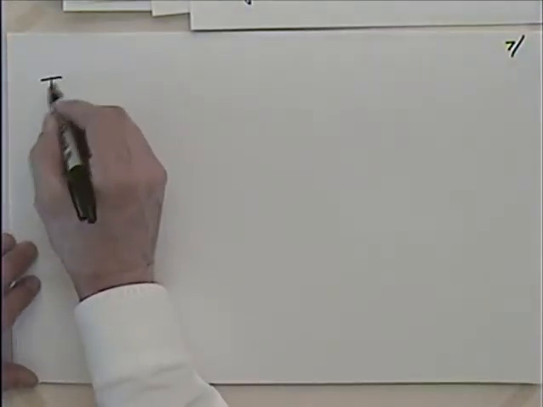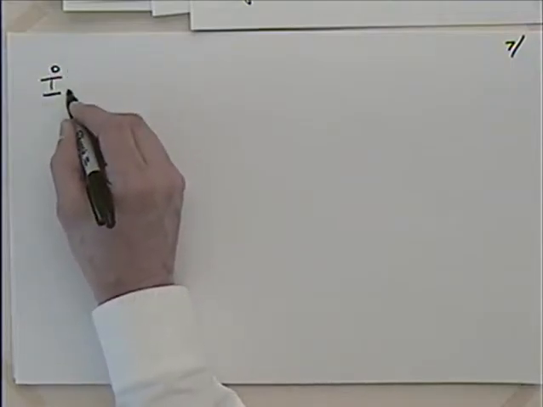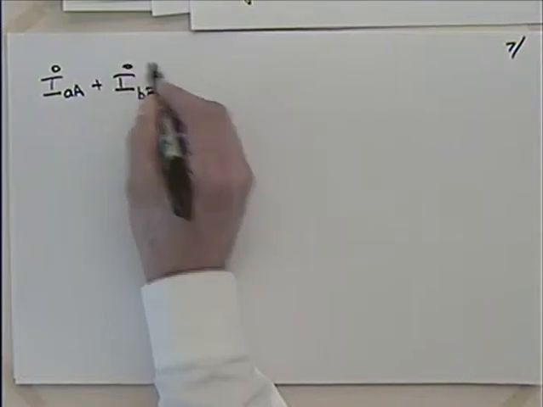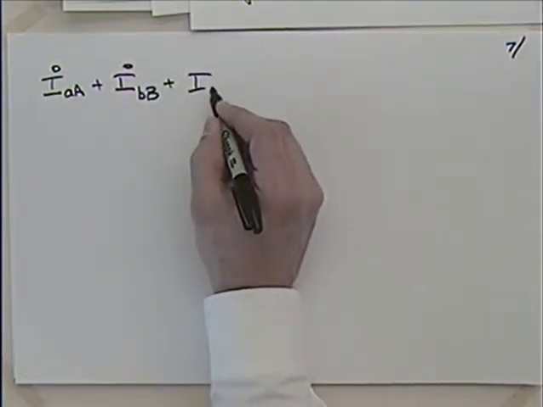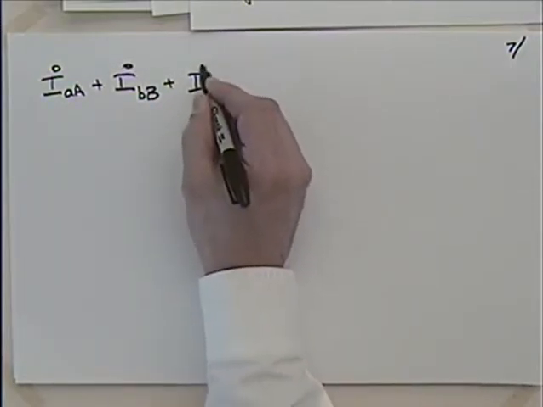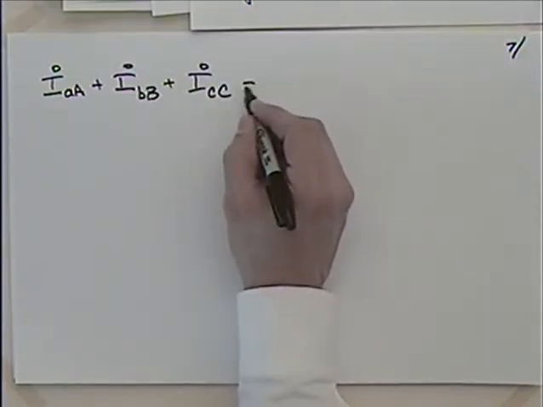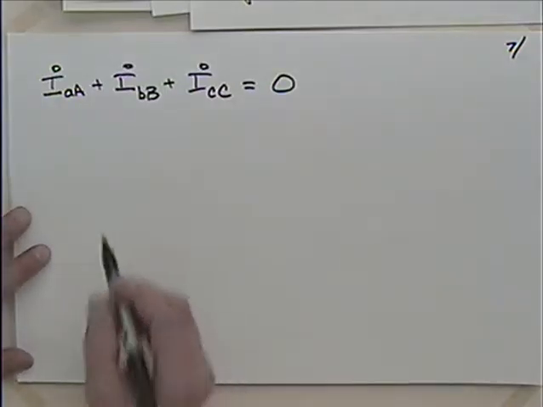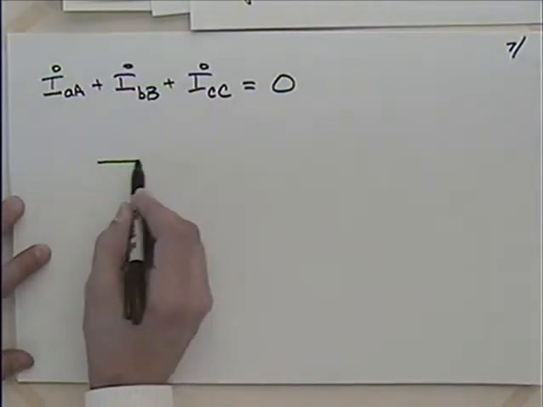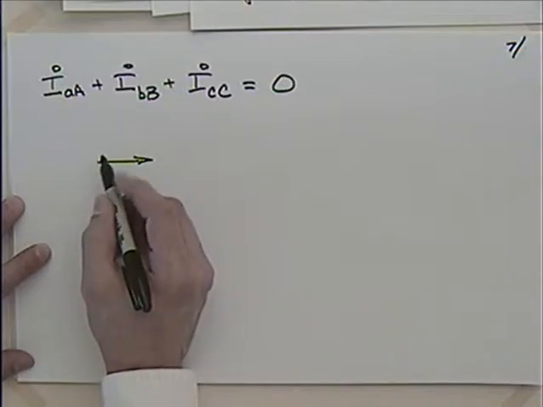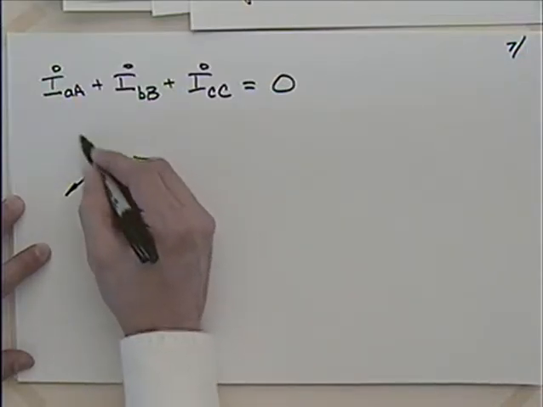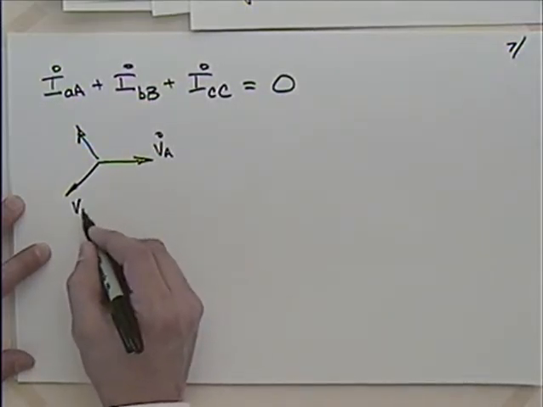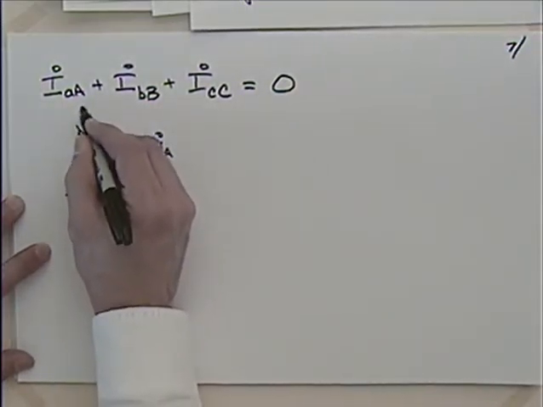if I look at I_aA, and I add it to I_bB, and I add it to I_cC, what's that going to be? Zero? Let's look at the phasor diagram. We had the phasor for the voltage. The voltage phasor would look something like this. This is your A voltage, this was your B voltage, and this was your C voltage, right?